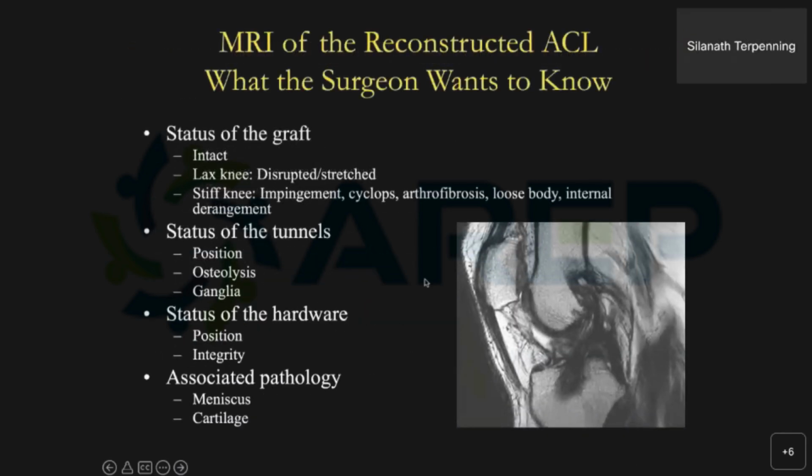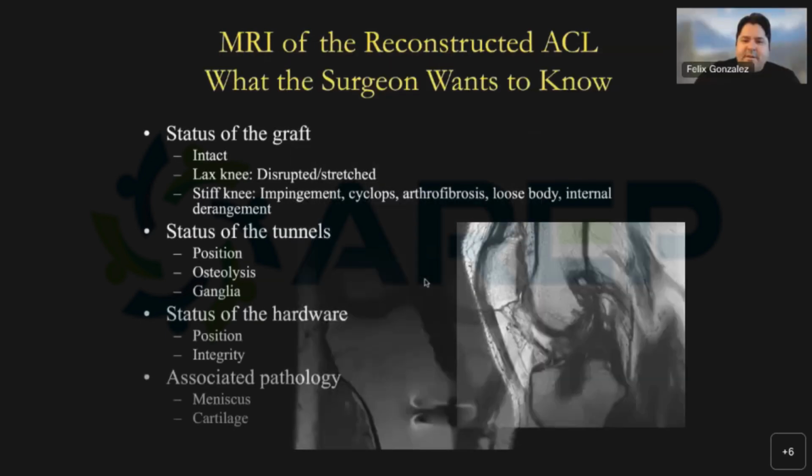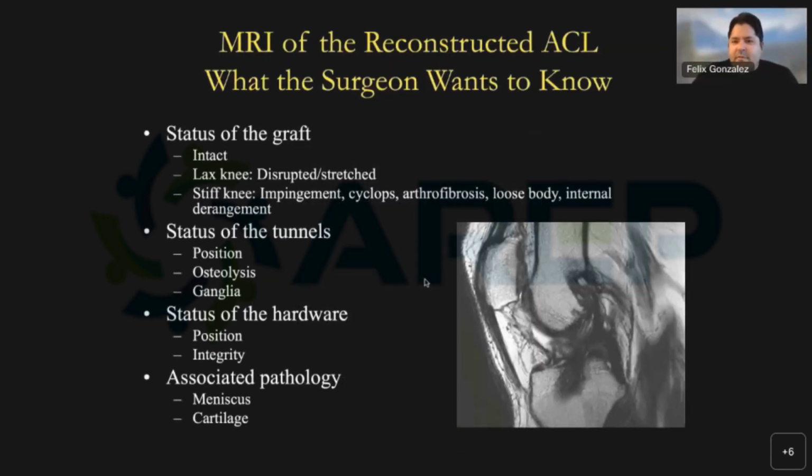So basically, I think I put this here just because a lot of the athletes undergo ACL repair, right? What the surgeon needs to know is the status of the graft, whether it's intact. If you have a lax knee with disrupted or stretched fibers, and if you have any evidence of impingement, arthrofibrosis or cyclops lesion, any loose bodies, or any other secondary manifestation of internal derangement.